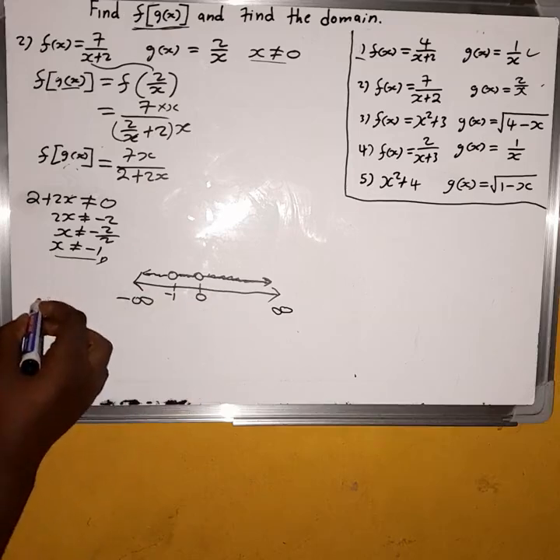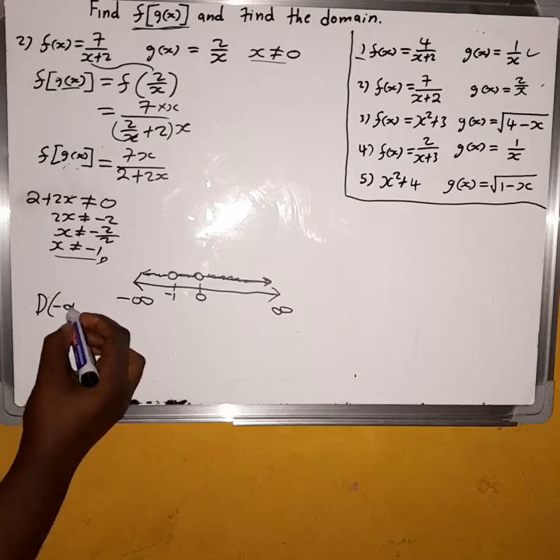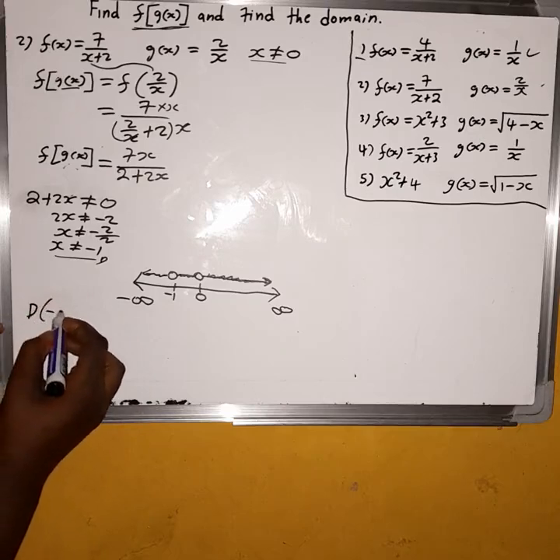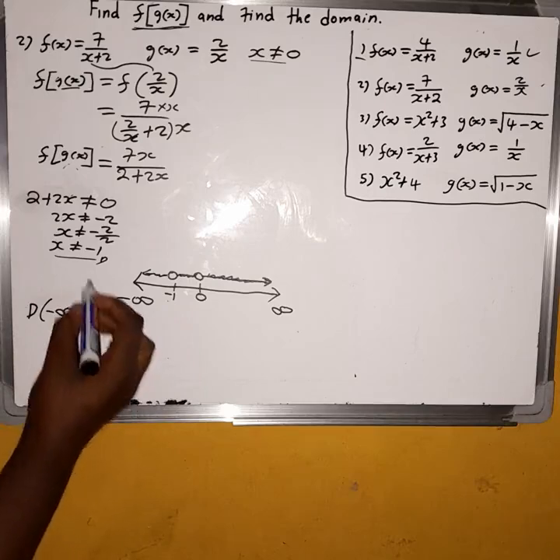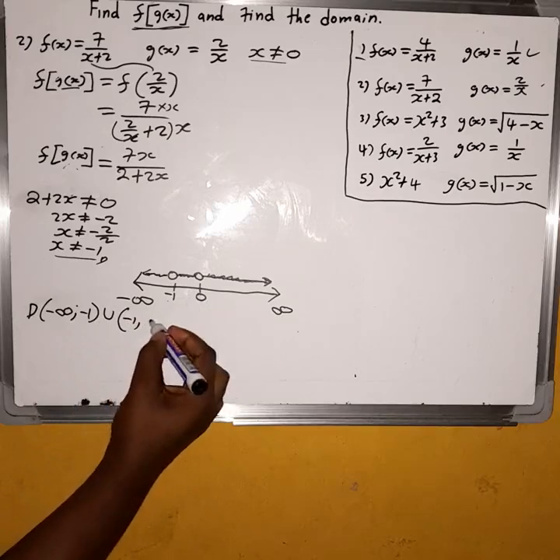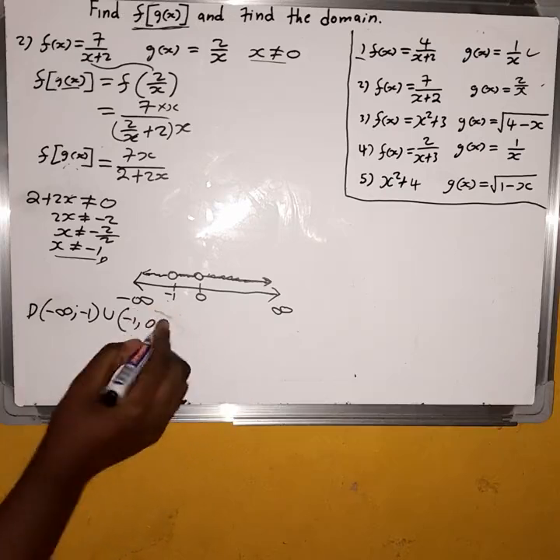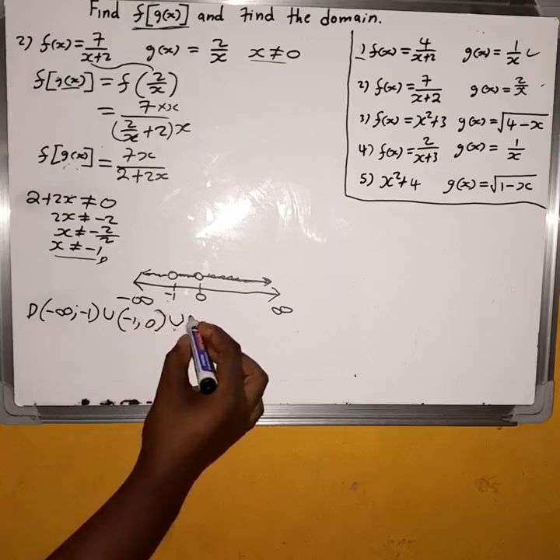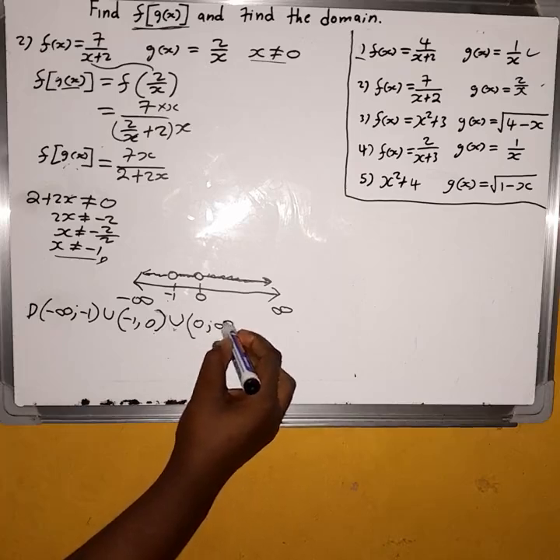So the domain will be from negative infinity to minus 1, not included, union -1 to 0, union 0 to positive infinity.